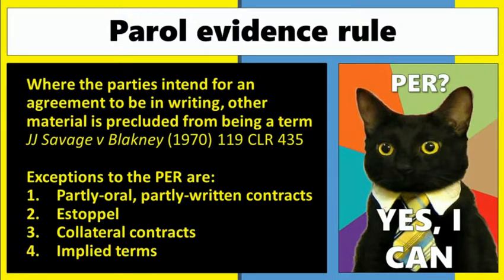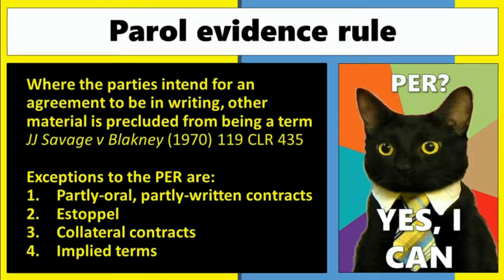And the idea is that if we intend for all of the terms to be encapsulated in a document, the statements that are made outside of that document that aren't actually captured in there aren't terms. They may still have some form of legal consequence or bearing, but they're not terms of a contract.